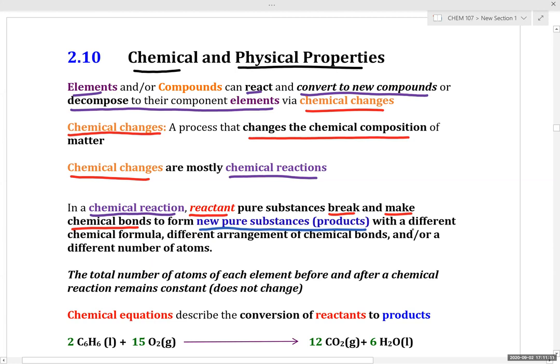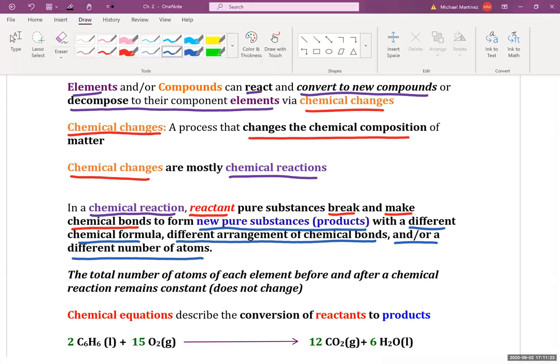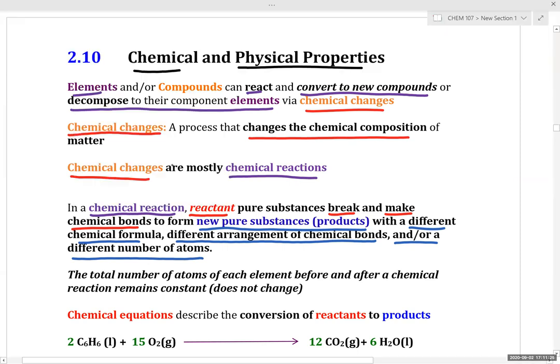The products have a different chemical formula, a different arrangement of chemical bonds, and or a different number of atoms as part of their formula. Now, a critical feature of all chemical reactions is that atoms are conserved and mass is conserved. The total number of atoms of each element before and after a chemical reaction does not change.